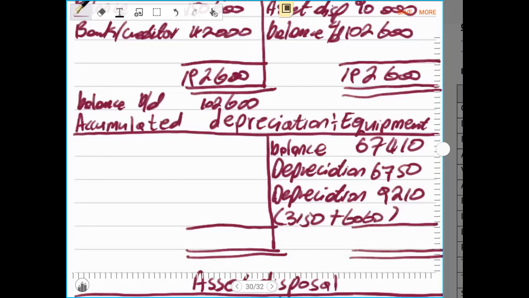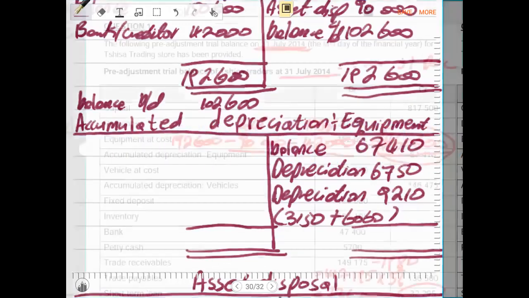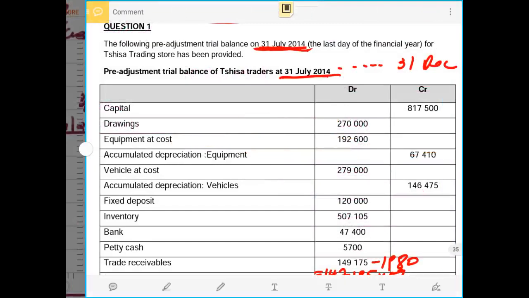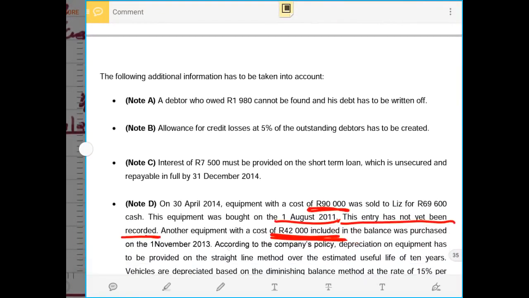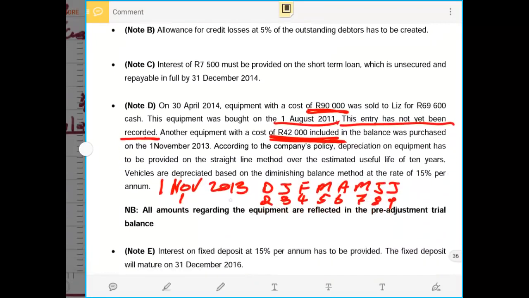Then now we have to remove the total depreciation for the asset that was sold on the 30th of April, which is the one that cost the business 90,000 rands. That must be removed on the debit side of the accumulated depreciation.